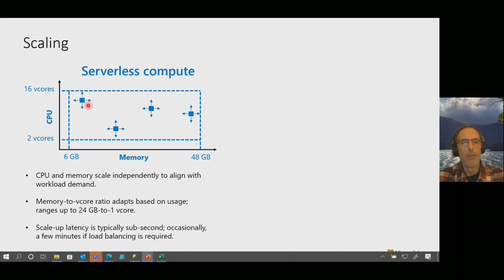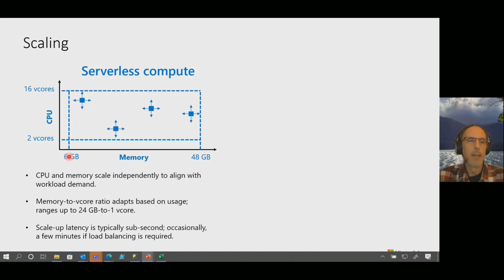And this is important both for providing good performance as well as trying to ensure that costs remain low. You can think of conceptually the memory to vCore ratio in serverless as being dynamically adaptive based on usage, and ranges all the way up to 24 gigabytes per core.